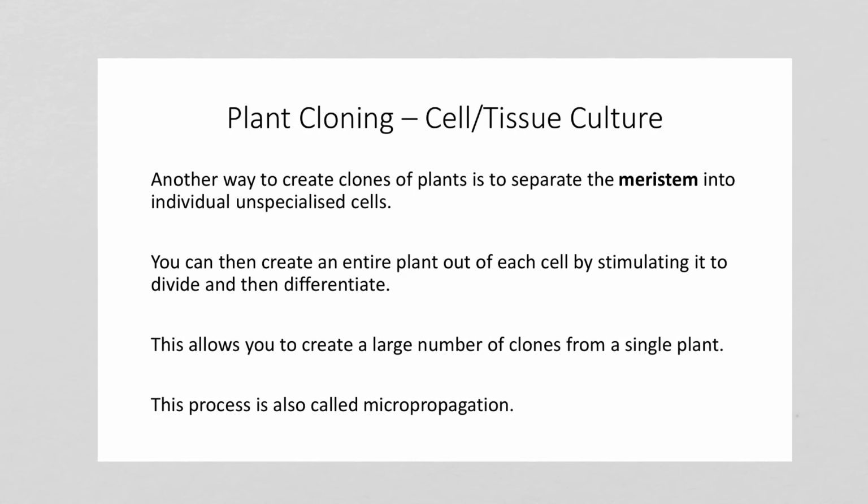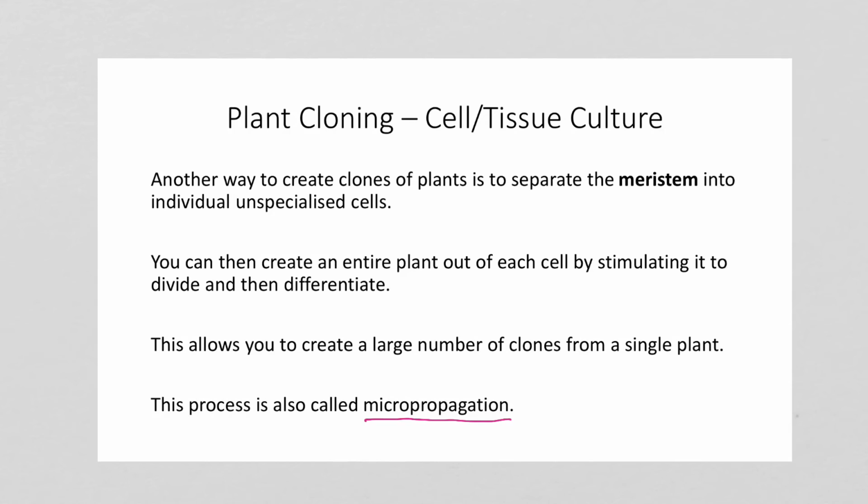People didn't even know what cells were. But now, with one piece of meristem, in theory, you can make loads and loads and loads of identical clone plants. You'll often see this referred to in gardening as micro-propagation. So the idea of growing new clones from very, very small bits.